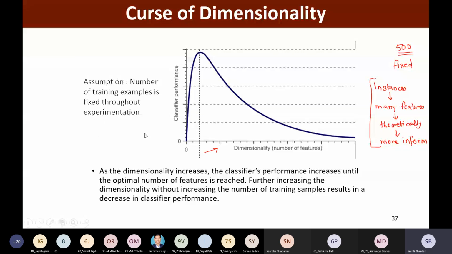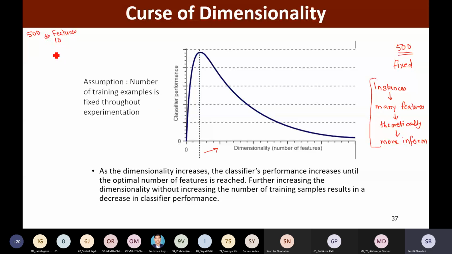So what we have done here is we have kept the number of training examples fixed throughout the experimentation. Say for example, the number of training examples are 500. Okay, and what we have done is, let us assume that the first experiment is performed with 500 samples, right, and 10 features.